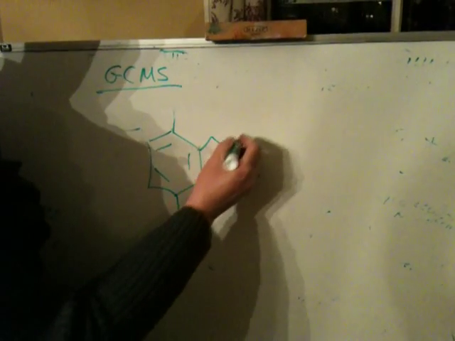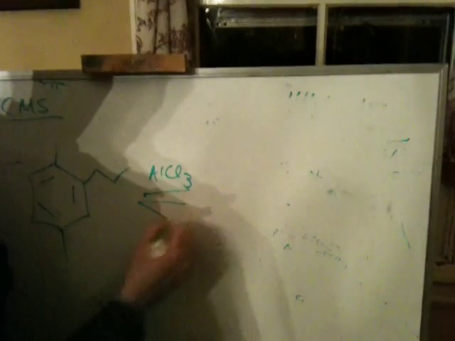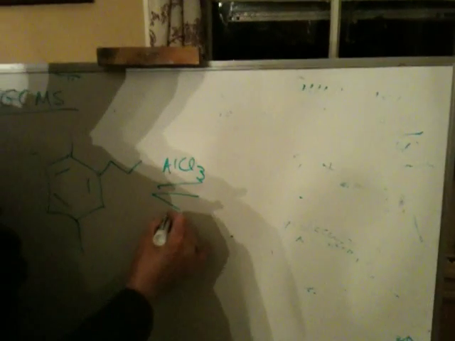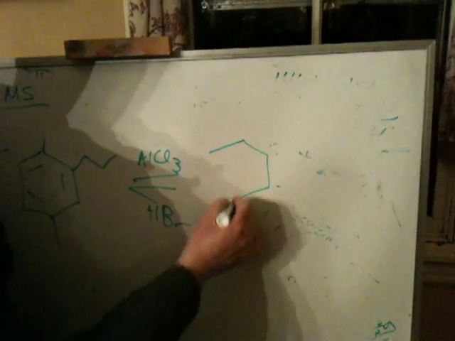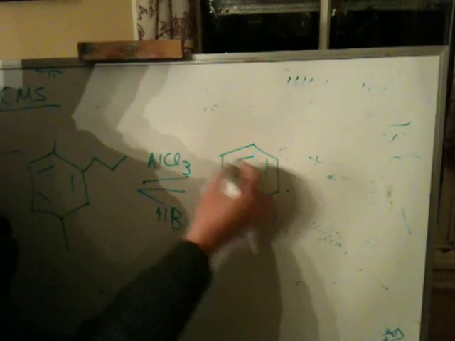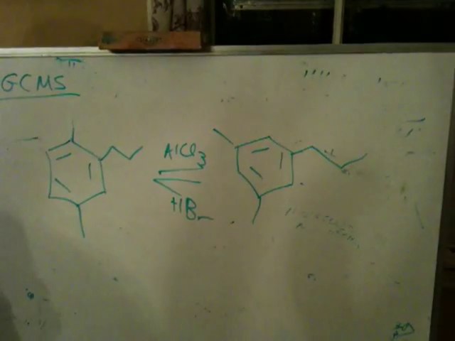We talked in class about how we would go from this, thinking about it as an equilibrium with AlCl3 and HCl or HBr. And what this entails is going backwards, okay?